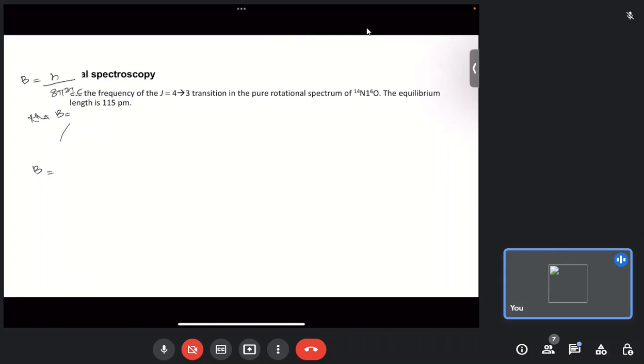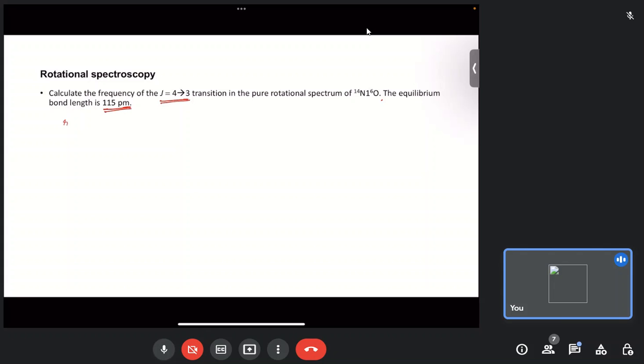The next question is to calculate the frequency of transition for a transition of J value from 4 to 3 in the pure rotational spectrum of 14N16O, with the equilibrium bond length being 115 picometer.